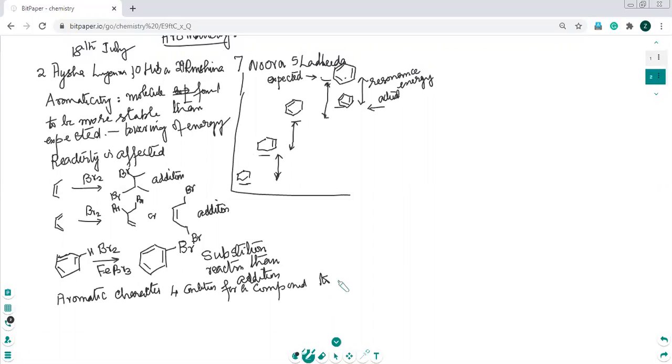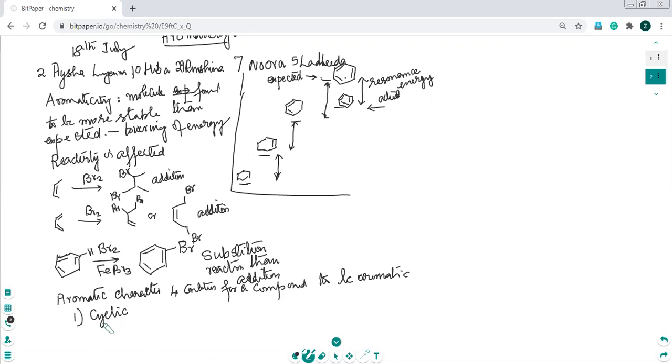Number one, it should be a cyclic compound. You know what is a cyclic compound? Closed rings. So it should be a cyclic compound with conjugated double bonds. Cyclic, that's the first condition.